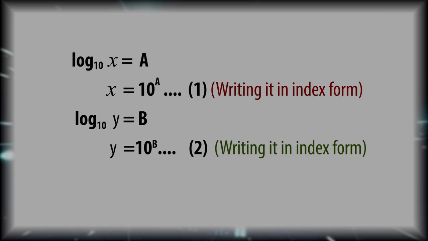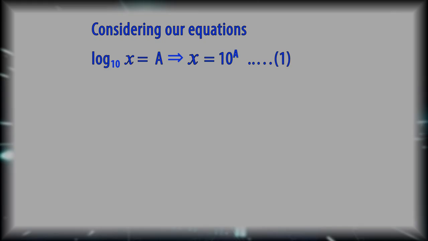Now, we want to look at the first rule we use in logs. Now, if log to the base 10 of x is equal to a, like we said before, it means that x is equal to 10 raised to the power a. Again, if log base 10 of y is equal to b, this implies that y is equal to 10 raised to the power b.